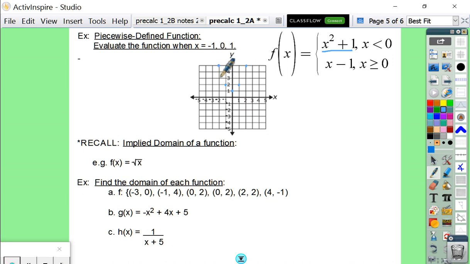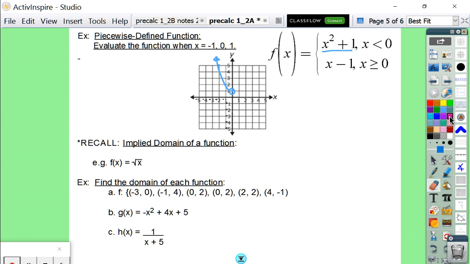But I only want to graph it from x is less than 0, which means that this becomes an open dot, and I only graph the left-hand side of it. So I'm going to come back and erase what I didn't want, and I'm done there.